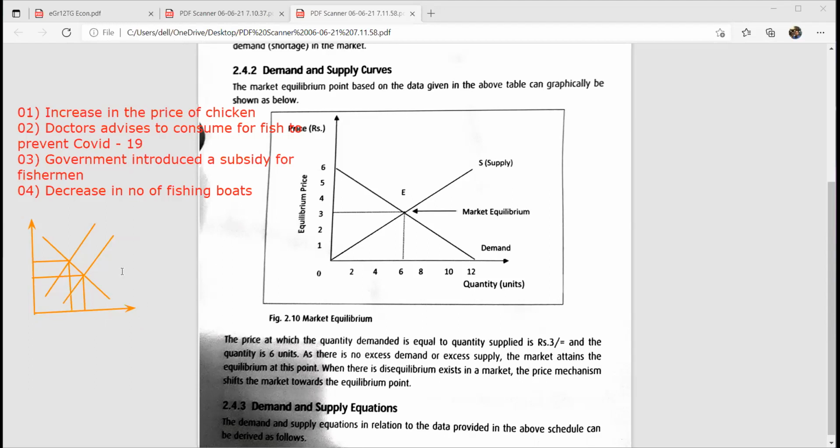So S1, S2, demand, price, quantity, same rule.